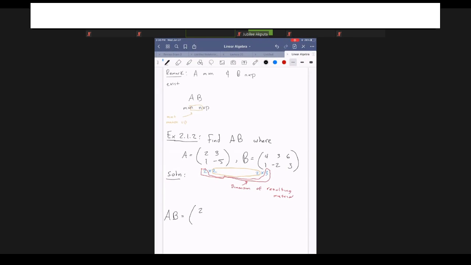So let's do it. So 2, 3, 1, minus 5, times 4, 3, 6, 1, minus 2, 3. All right. So instead of doing that formal definition of multiplying matrices with that gross sum, and even with the column vector stuff, this is what I do.